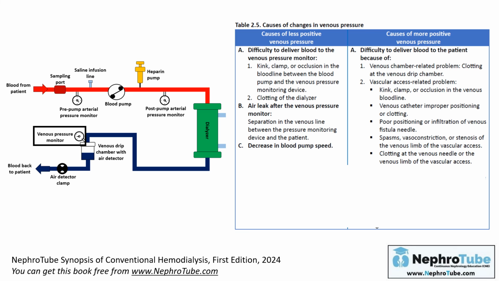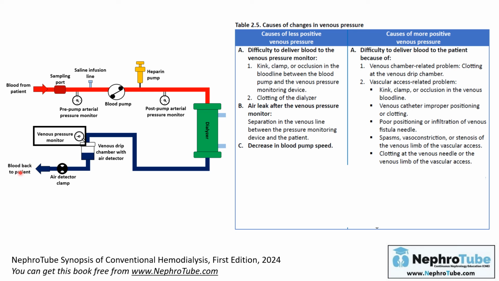The second point, what are the causes of more positive pressure in this area? First of all, again, difficulty returning the blood to the patient. Some of the causes of increased venous pressure monitor pressure are the same as for the post-pump arterial pressure monitor.